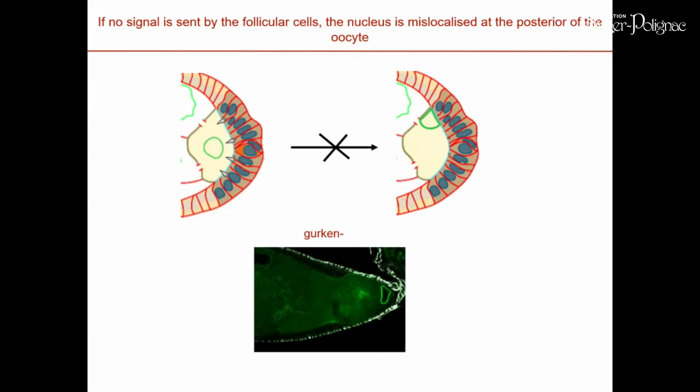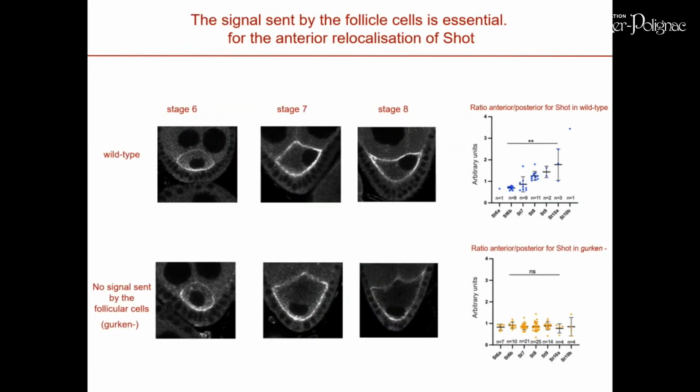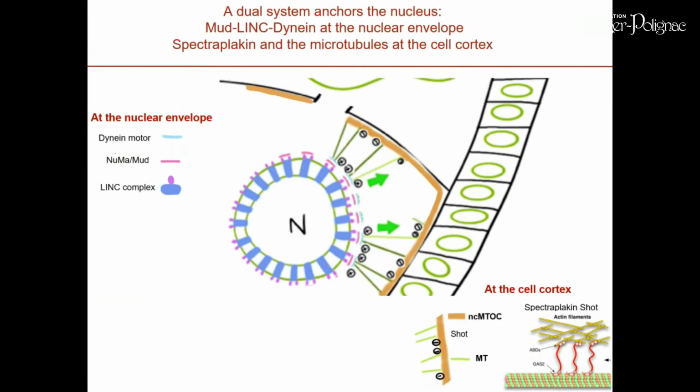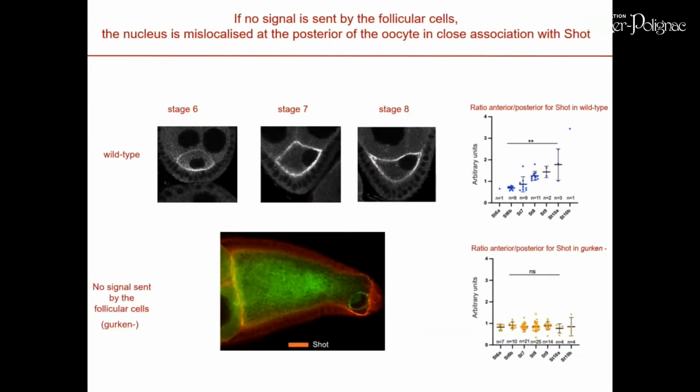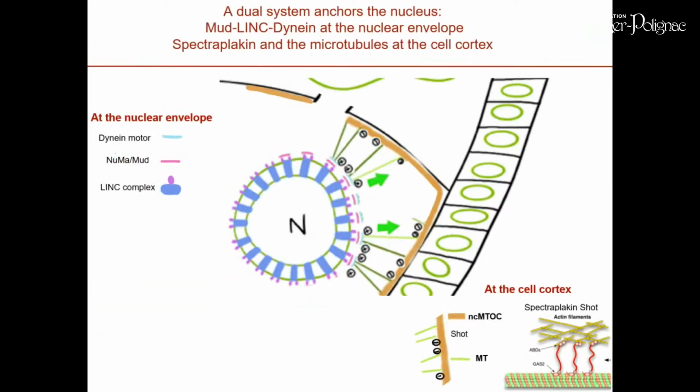And interestingly, we observe that when this signaling fails to occur, we have an abnormal relocalization of the spectraplakin Shot protein, which remains at the posterior of the oocyte. In this case, we have Shot protein which accumulates at the posterior of the oocyte at the level of the mispositioned nucleus.